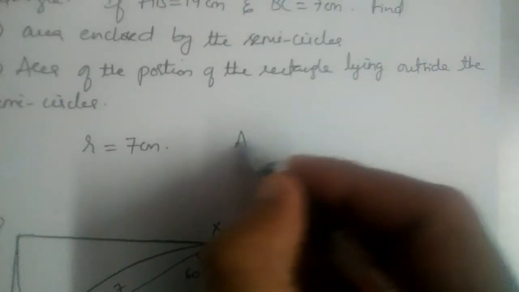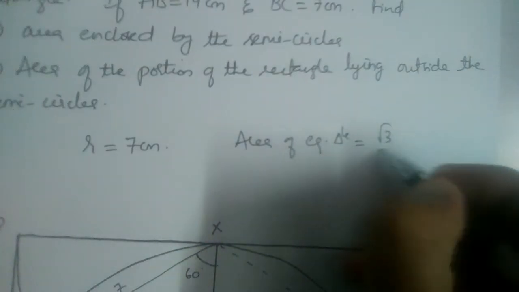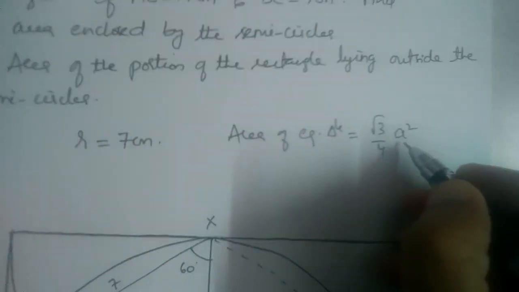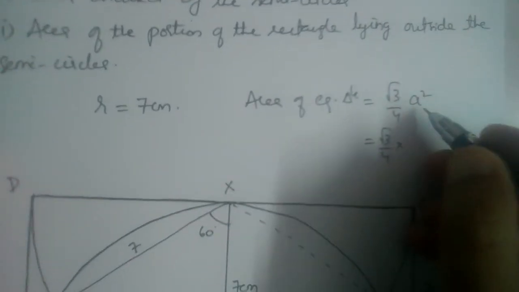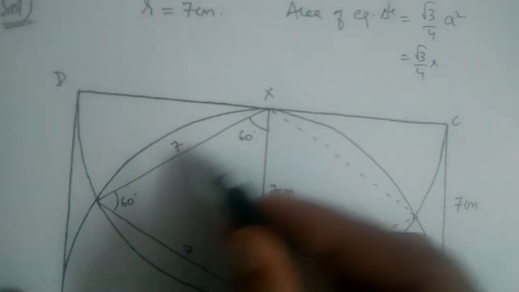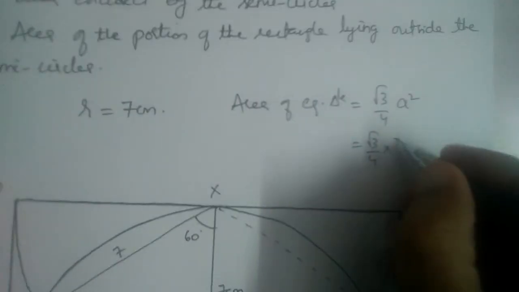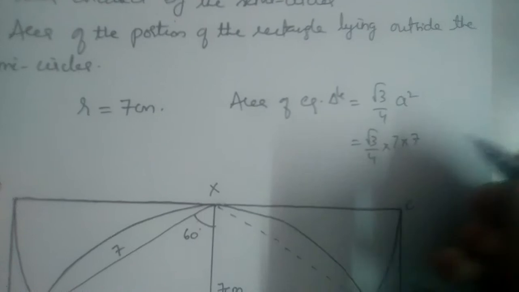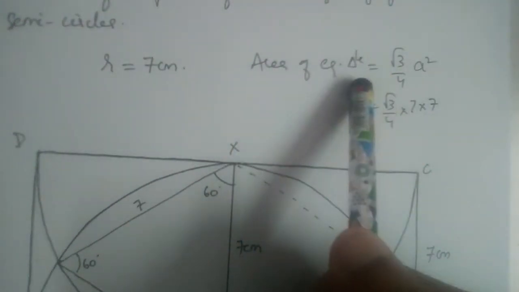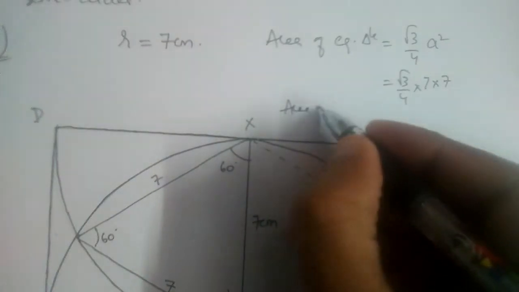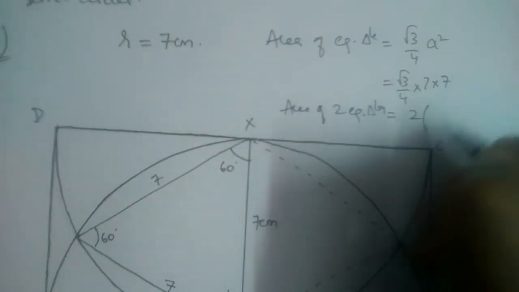We know the area of an equilateral triangle is equal to root 3 by 4 a square, where a is the side. Side of each equilateral triangle is 7. So this will be root 3 by 4 into 7 square, that is 7 into 7. This is the area of one equilateral triangle.